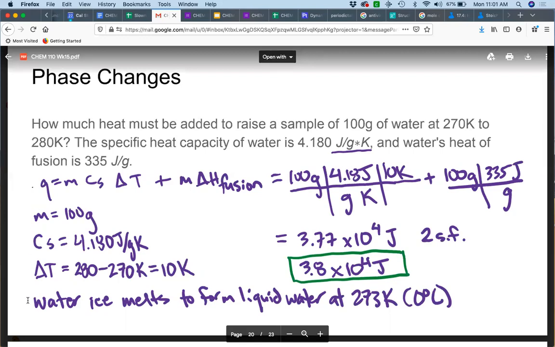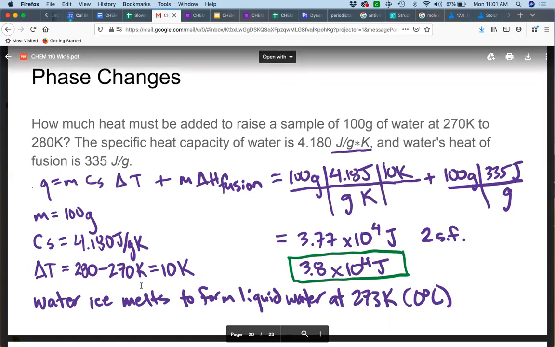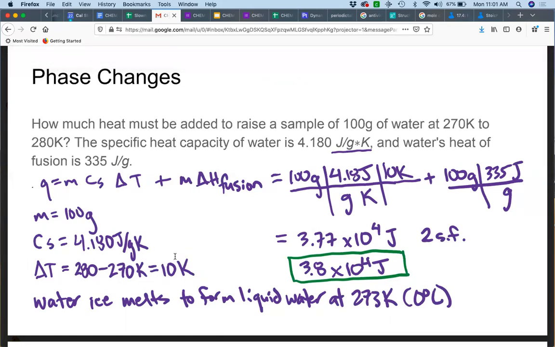So when my ice melts to form liquid water, my liquid water warms from 273 Kelvin up to 280. So I'm going to look at my temperature change that's given overall. I have 280 minus 270. That's my total temperature change of 10 Kelvin. So the first part of this problem is substituting in what's known: my mass, my specific heat, and my temperature change.